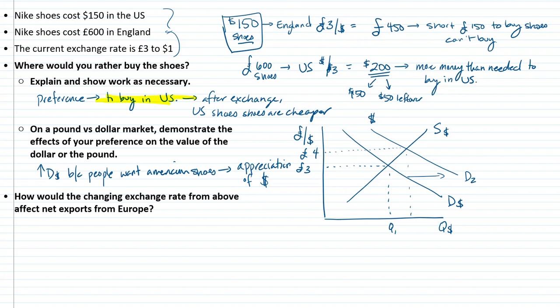How would this exchange rate then affect net exports from Europe, aka to the United States? This one is where things get a little bit tricky and we begin to see the looping nature of exchange rates here.